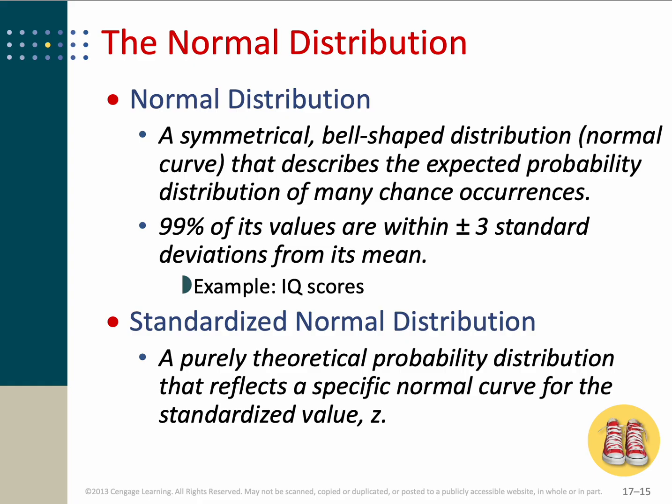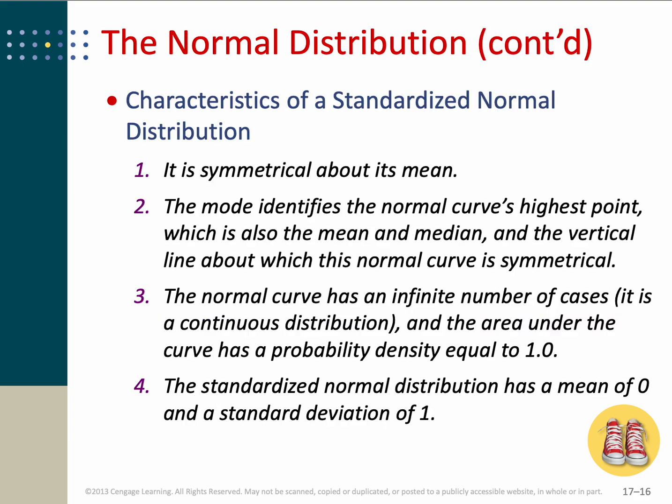So normal distribution, IQ scores, normal: plus or minus 3 standard deviations, 99% of values will fall in that standard normal distribution. In other words, here's symmetrical. The normal curve has its highest point at the center, and the normal curve has an infinite number of cases. It is a continuous distribution.